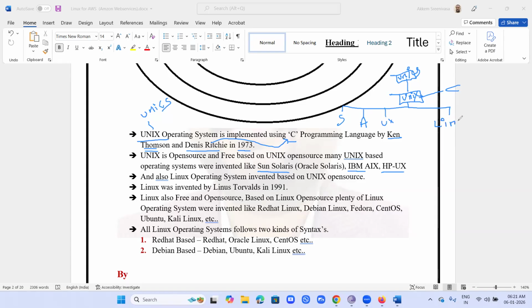Along with this, there is one more operating system that was developed: Linux. Linux was also developed based on this Unix free or open source operating system.